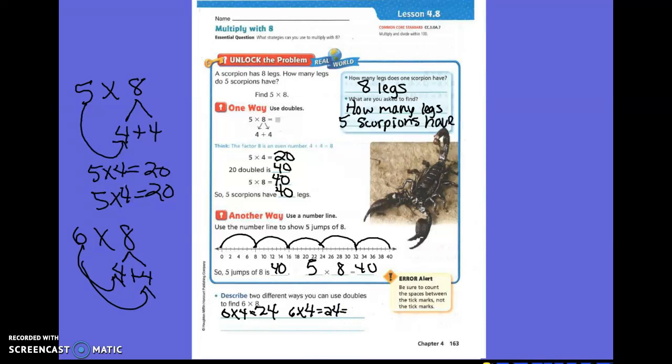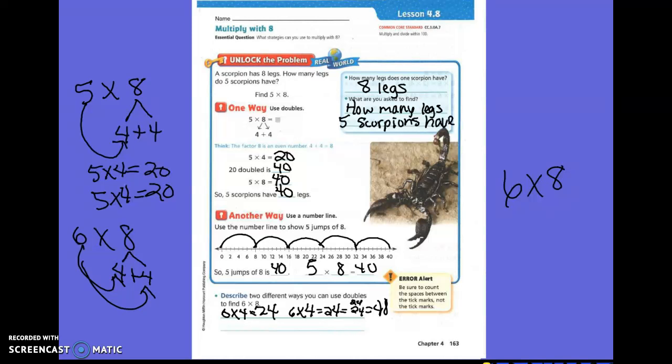And 24 plus 24 is 48. Or the other way. It says 2 ways. You have to write this way and the other way.